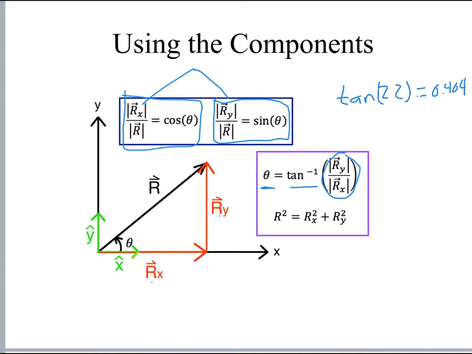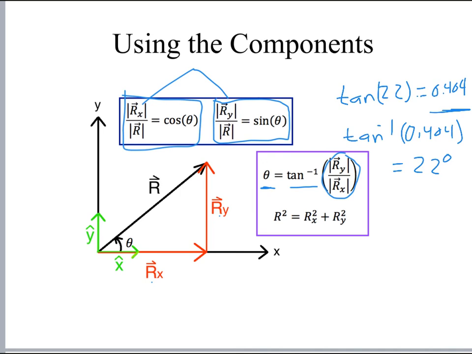But if I tell you that I've got this 0.404 and I take the arctangent, that's going to give me 22 degrees. So I can take the tangent of the angle and get the decimal that represents the ratio of the sides, or I can take the arctangent of the ratio of the sides, and that'll tell me what the angle is.